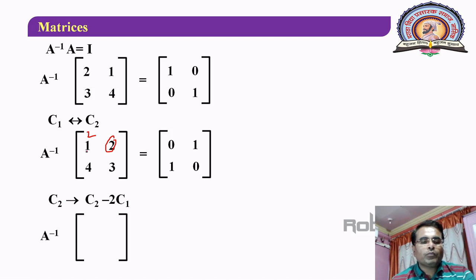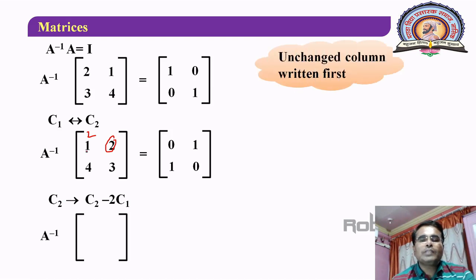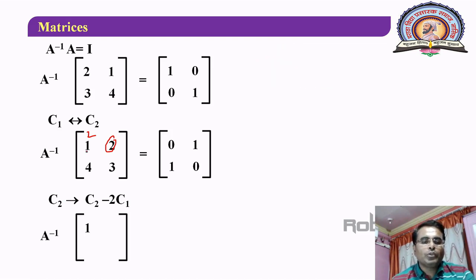The first column is as it is, unchanged, written first. So you have to consider 1, 4, as it is. Here 2 minus 2 is 0, but 3 minus 8, since you have to multiply the first column by 2, so it becomes 2, this becomes 8. So 3 minus 8 is minus 5 written there.